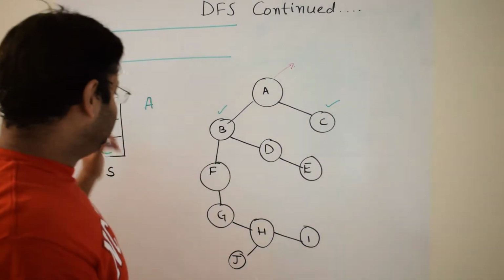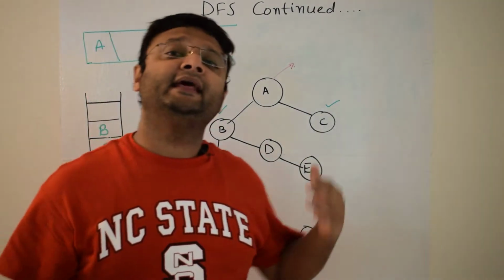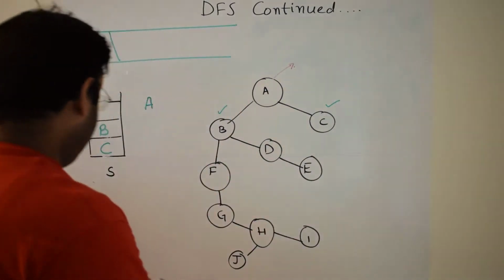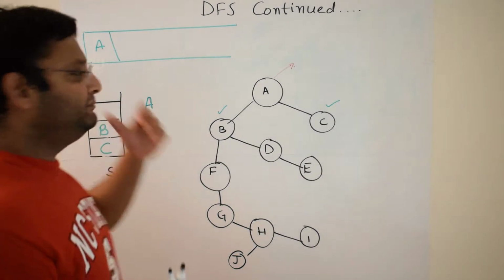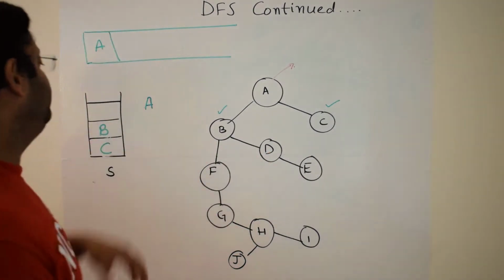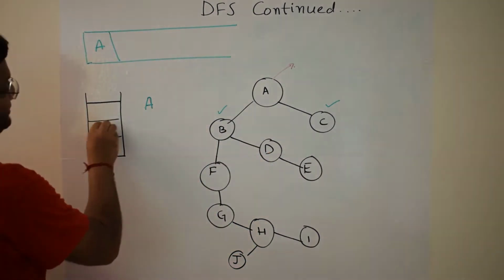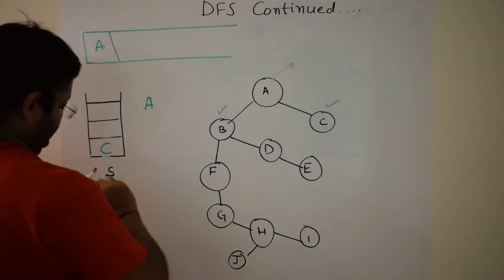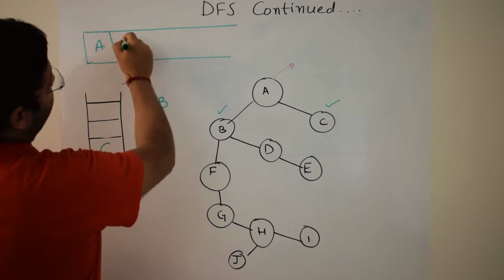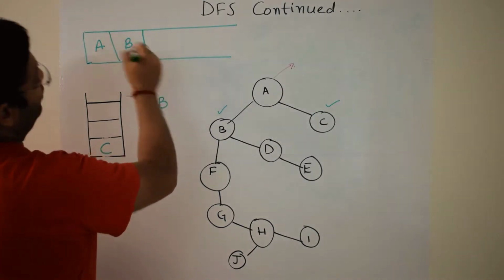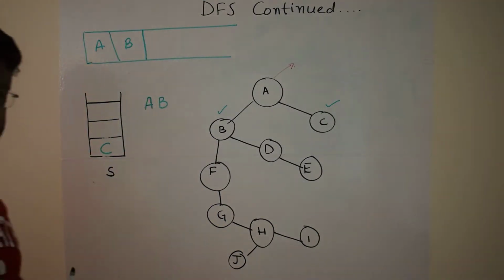Now these same steps will be repeated again and again. How? In this case we need to pop out something from the stack. Now which node will be popped out? Definitely B, as per the property of stack. So now B is popped out and B is marked as visited.